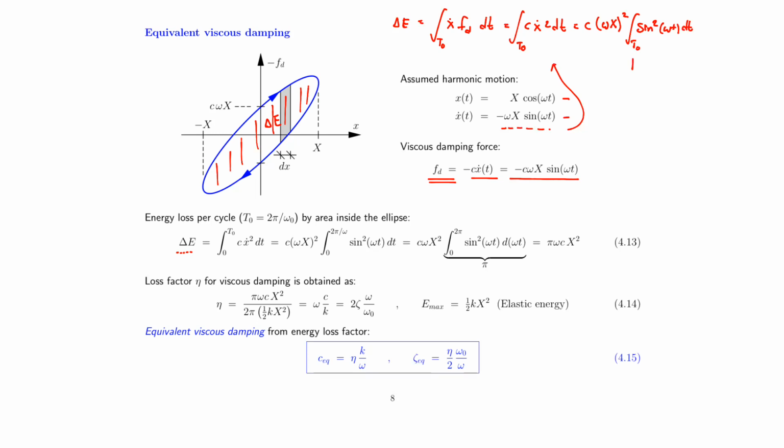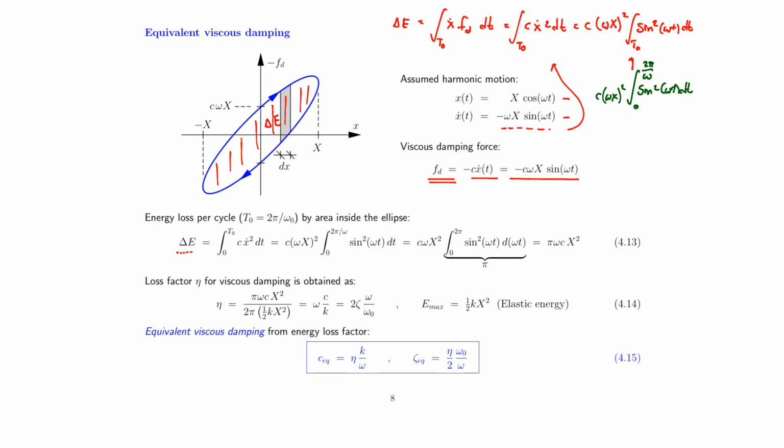And then we remember that the period is just a time integral, representing the domain from one time instant to the next time instant that is advanced by a single period. So we could start out at 0 and end up at a period that is equal to 2 pi divided by omega, of sine squared omega t dt times c omega X capital squared.